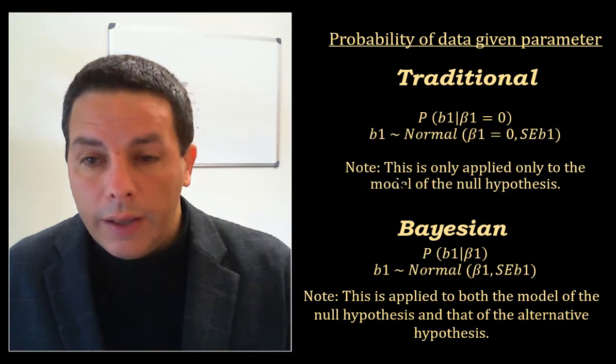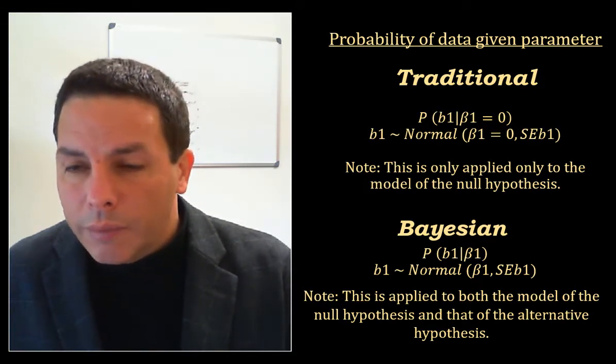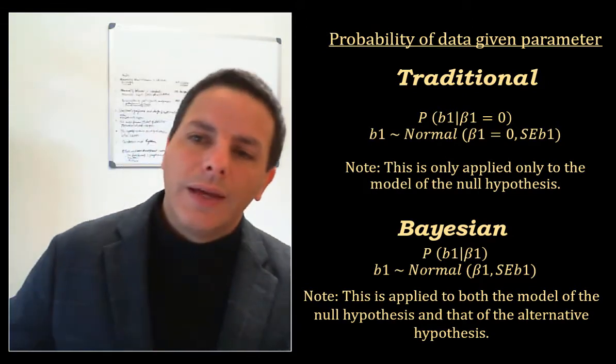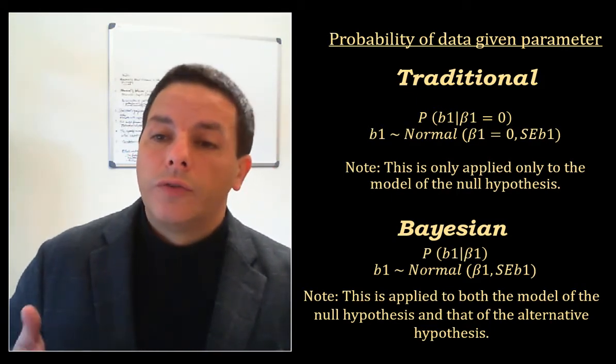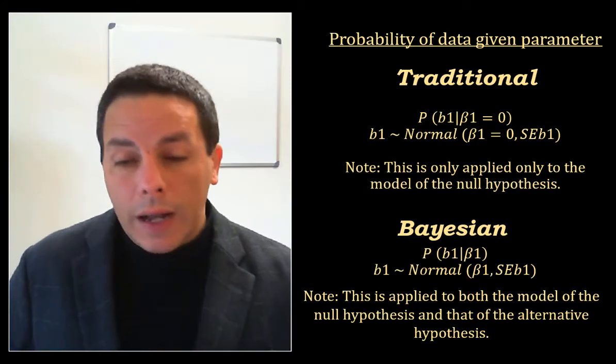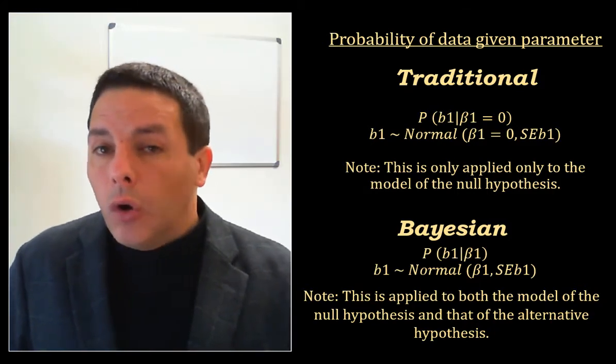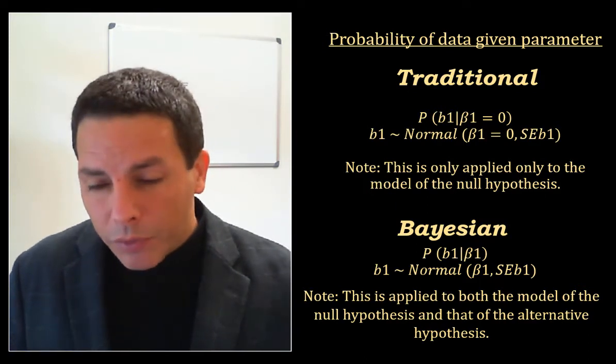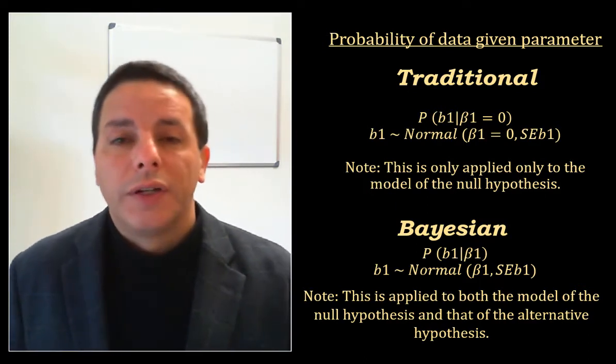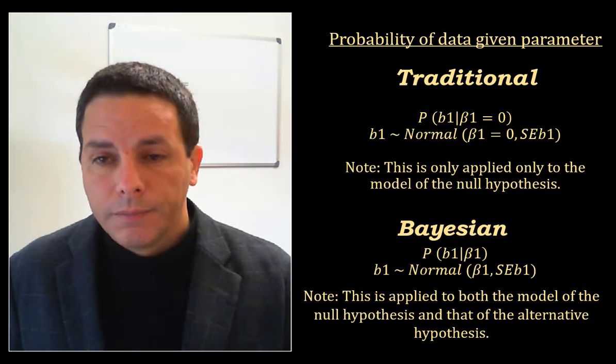Now, this is only applied to the null hypothesis. So that's the problem of the traditional approach. The traditional approach has a model of the null hypothesis, but no model of the alternative hypothesis.